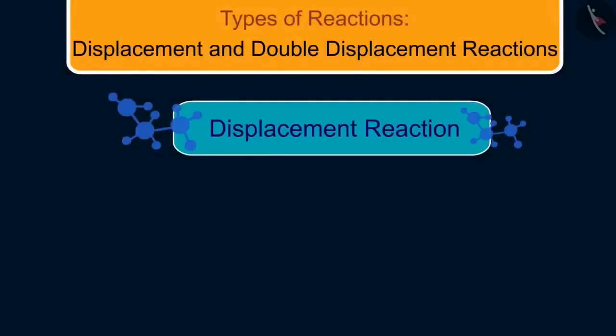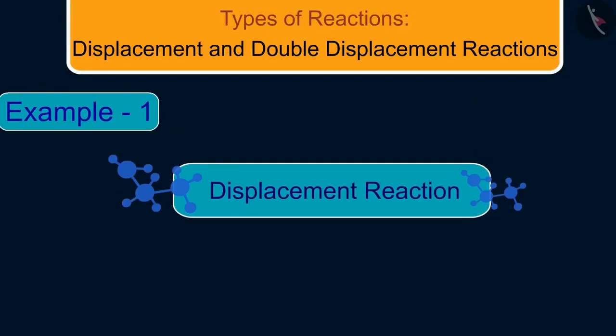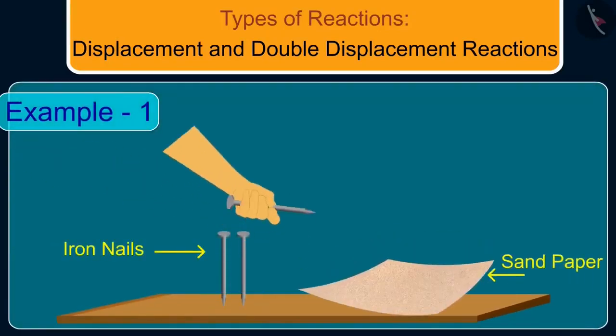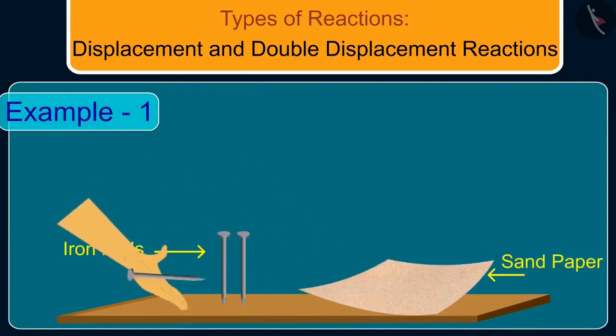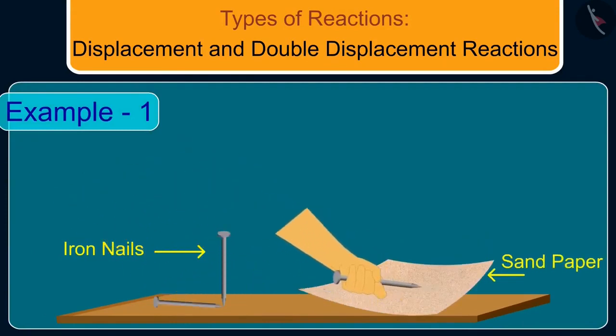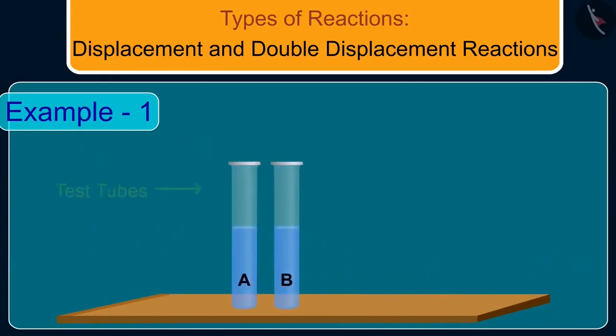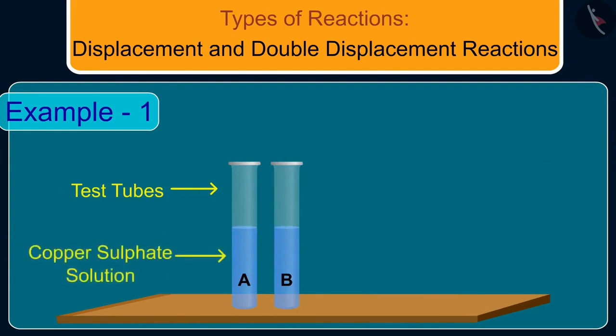Let us now understand the displacement reactions with the help of an example. Take 3 iron nails and clean them by rubbing with sandpaper. Then take 2 test tubes marked as A and B. In each test tube, take about 10 ml copper sulfate solution.